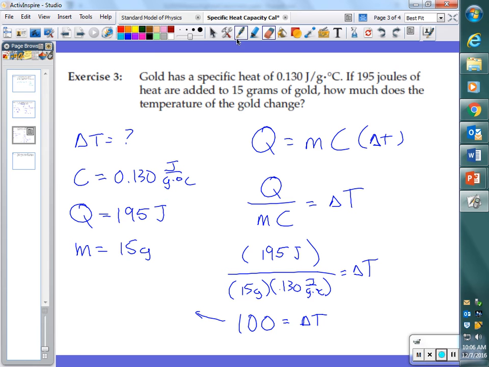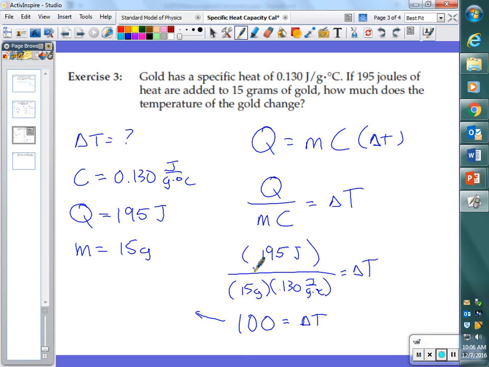Does anybody remember what our fallback plan is in a situation like this? 10.0 is a different number, and 10 is a different number. 10 is different than 100. So, say again? Not a fraction. But we can use scientific notation.